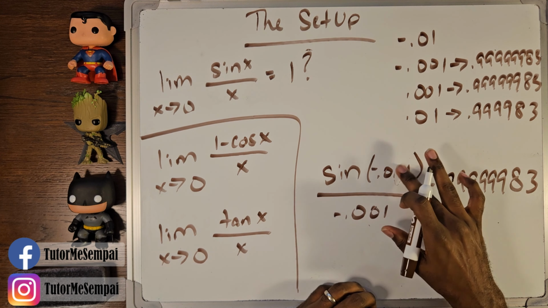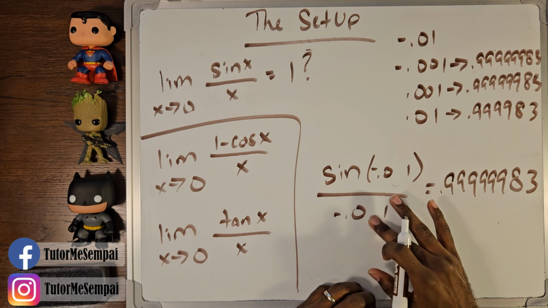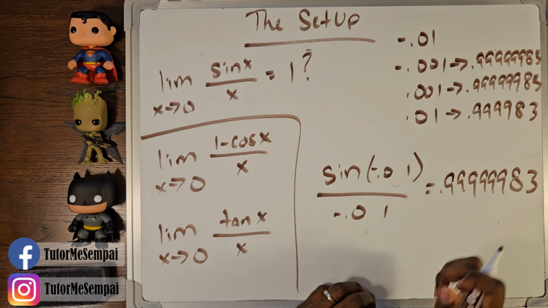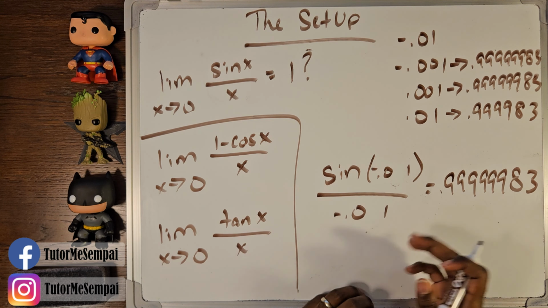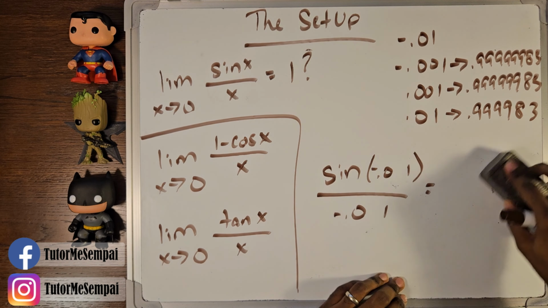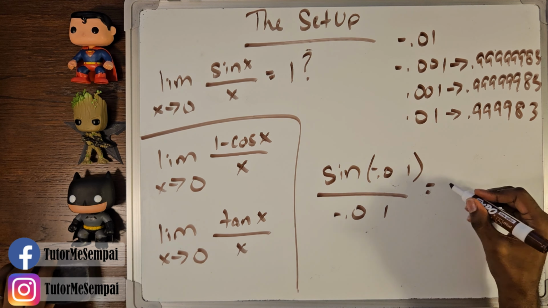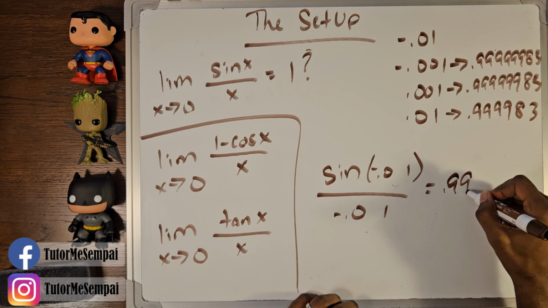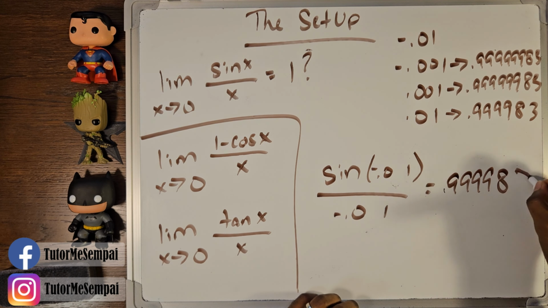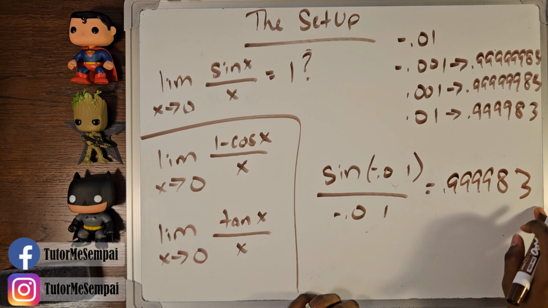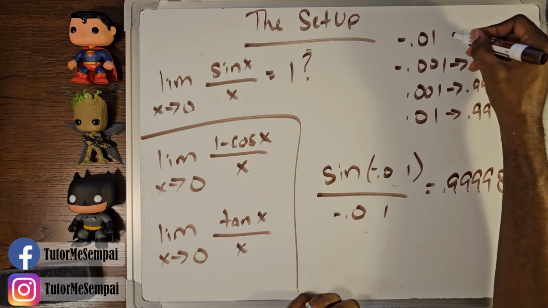How about when you get rid of one of these zeros and now you're just dividing by negative 0.01? Well, this may look a bit familiar. We're going to have 0.999, very familiar to what we had when it was positive, right?